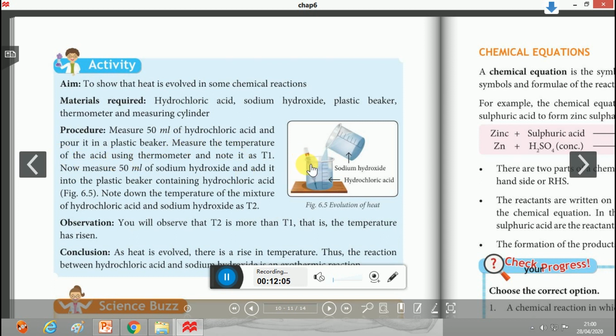Measure the temperature of the acid using a thermometer. They have used a thermometer, look at figure 6.5 in your book. Note it as T1, that's why it is T1.